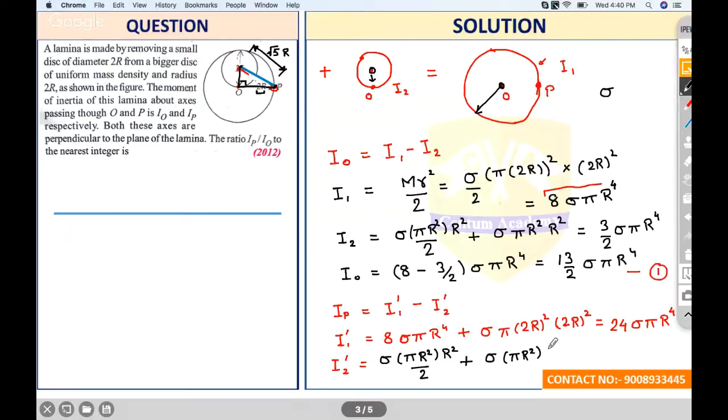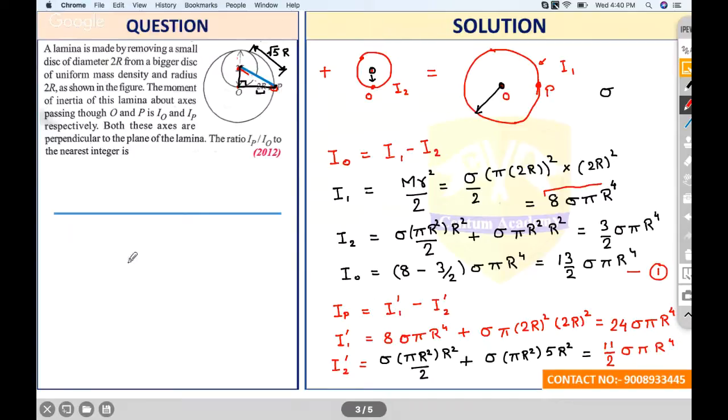Distance square is what? 5 into r square. So this comes out to be, 2 5s are 10, and this will be 11 by 2 sigma pi r to the power 4.